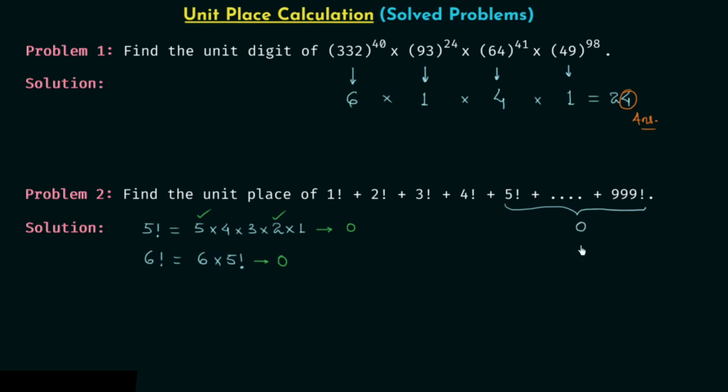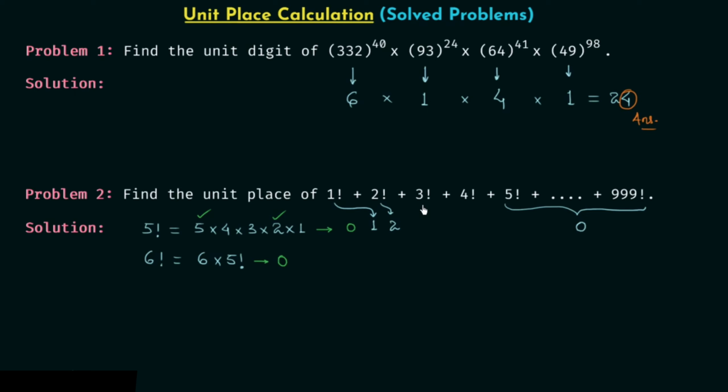And now the remaining part is 1 factorial plus 2 factorial plus 3 factorial plus 4 factorial. 1 factorial will have 1 at the unit place. So from here we will have 1 at the unit place. 2 factorial is equal to 2 multiplied to 1, and therefore we will have 2 from here at the unit place. 3 factorial is equal to 3 multiplied to 2 multiplied to 1, which will give us 6.